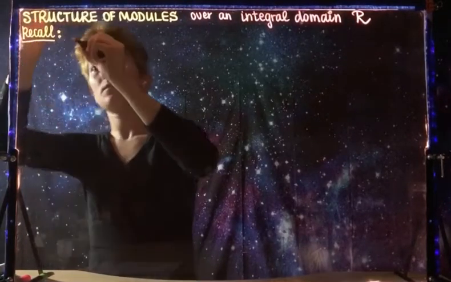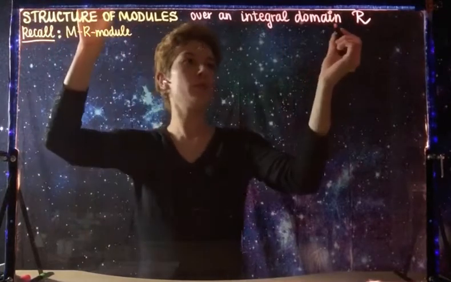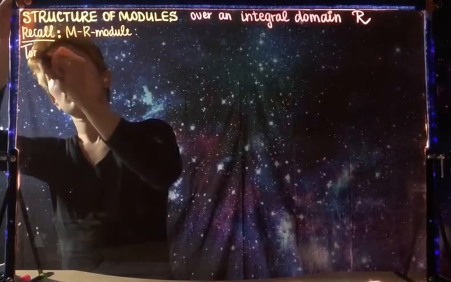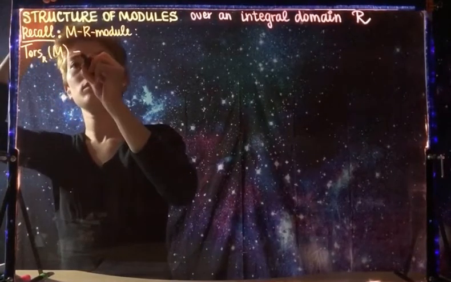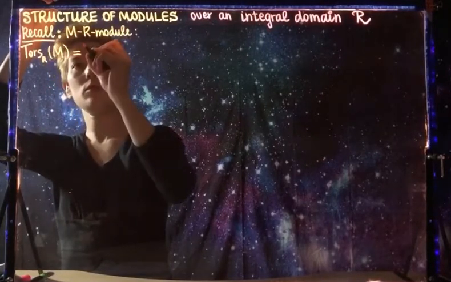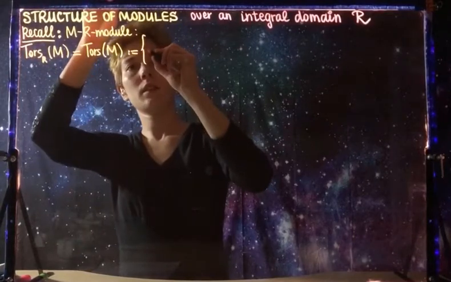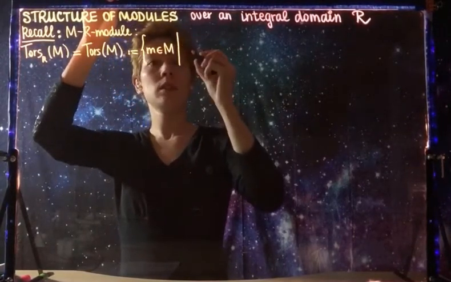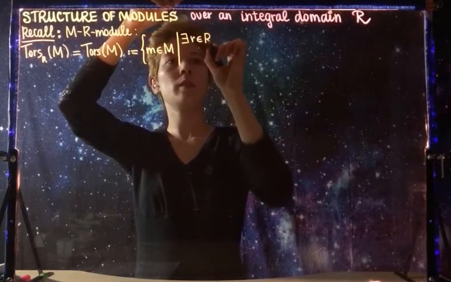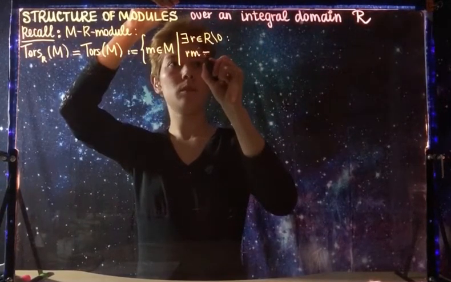Recall that for any R module, not necessarily over an integral domain, I defined the set of torsion elements, Tors_R of M, when I want to remember that M is an R module, or just Tors M. It was defined as the set of torsion elements in M, that is, elements m lowercase such that there exists a non-zero element r of the ring such that rm is equal to 0.